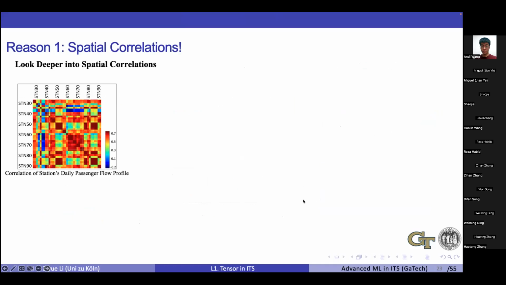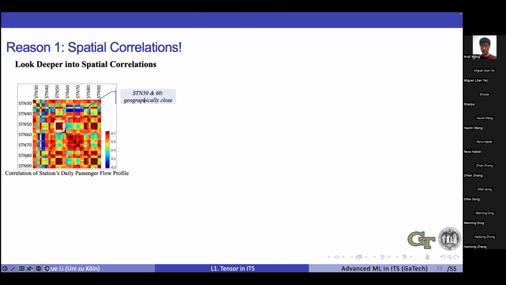So if we formulate it officially, this is reason one: the spatial correlation plays a big role. For example, we get the correlation map of different stations, and we can see that in this block, stations 50 and 60 are quite highly correlated because they are geographically close.